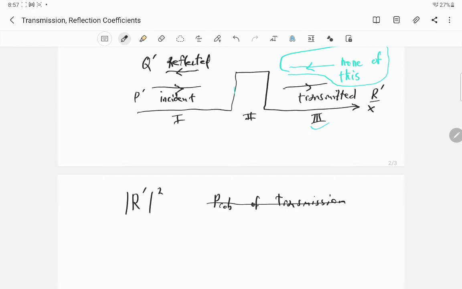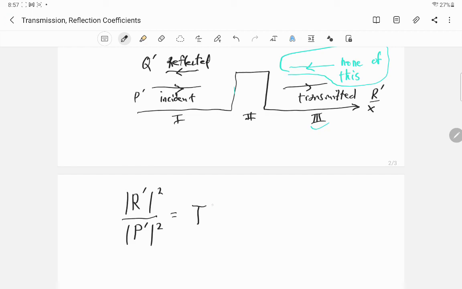And so instead of just calculating R prime squared by itself, we're going to calculate something called |R prime over P prime| squared. So this represents how many incident particles there are coming into the boundary. This represents the transmitted probability. And if you take this fraction, this is what we're going to call the transmission fraction, or the transmission percent.